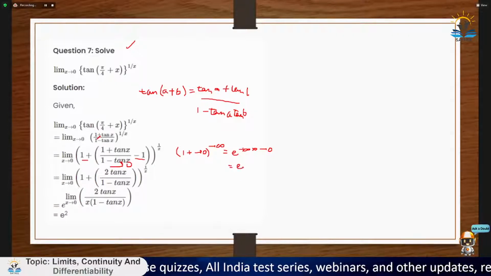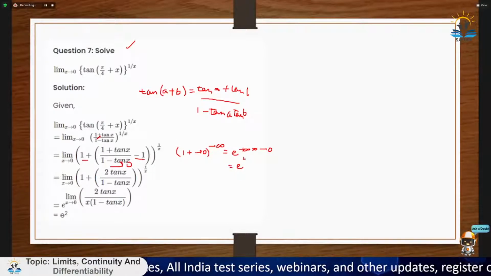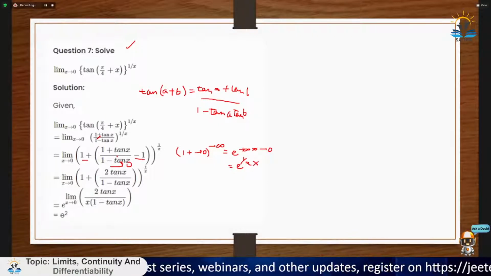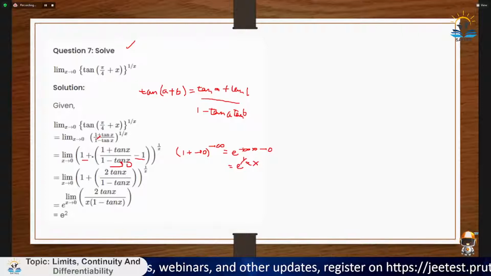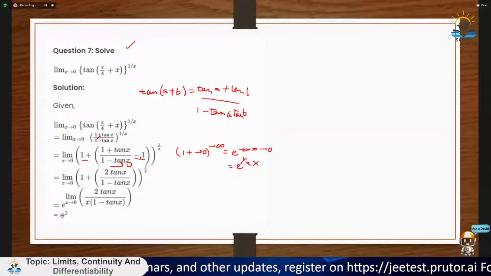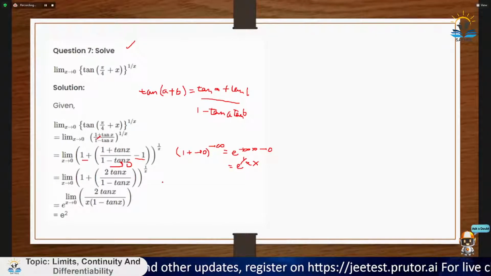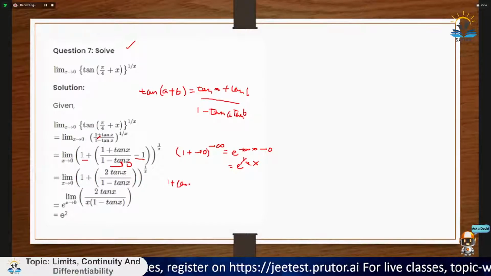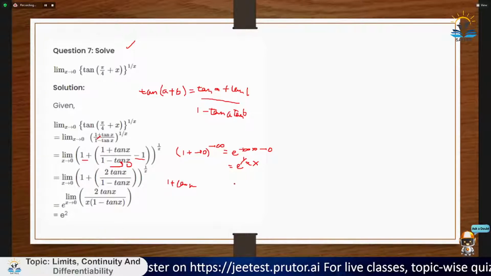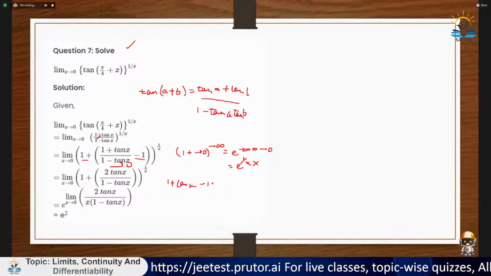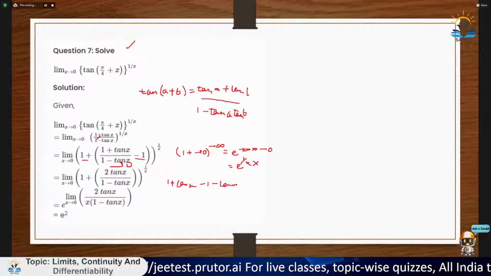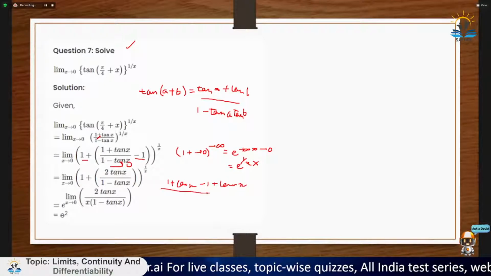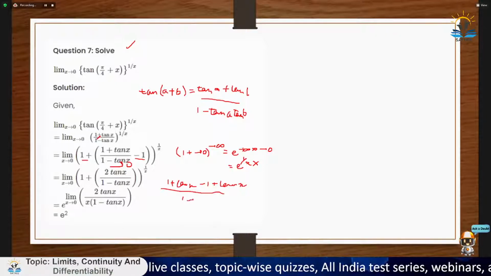So this thing is equal to e power 1 by x multiplied by something tending to 0, which is this thing. This whole thing is tending to 0 now. So 1 plus tan x minus, let me write it like this: 1 plus tan x minus 1, I just took the LCM, 1 minus tan x, sorry, plus tan x, divided by 1 minus tan x.